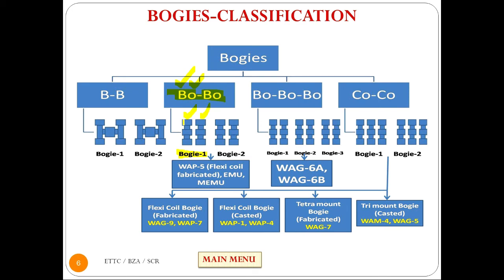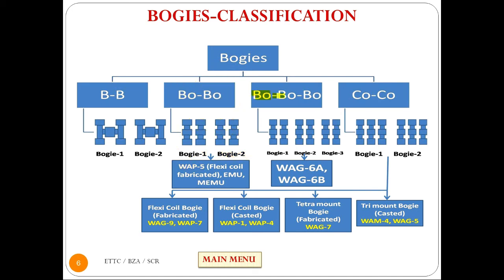This is called BO. In our AC locomotives, the WP5 three-phase locomotive, which has a flexi coil fabricated bogie, has this type of BO bogie. In EMUs and MEMUs also, the BO arrangement is there.